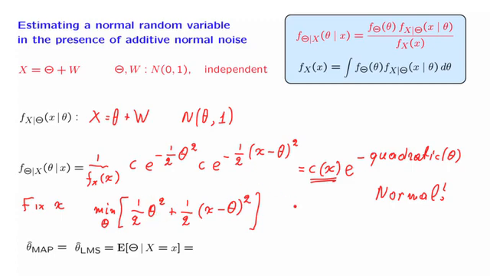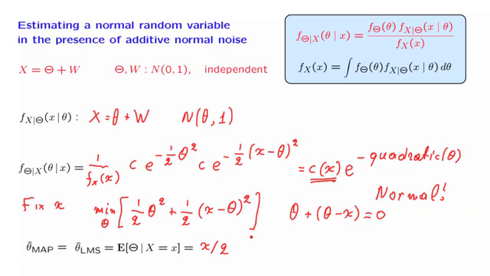The derivative of this term is theta. The derivative of this term is theta minus x. We set this to 0, and when we solve this equation, we find 2 theta equals x. Therefore, theta is equal to x over 2. And so we conclude from here that the peak of the distribution occurs when theta is equal to x over 2, and this is our estimate of theta.